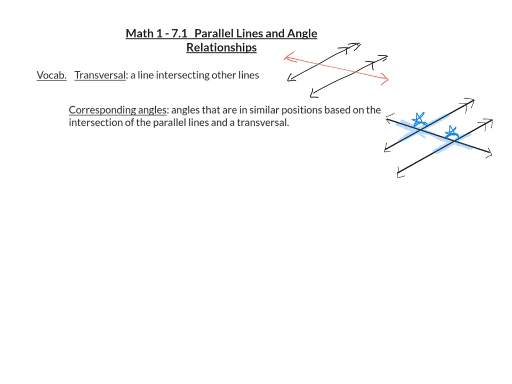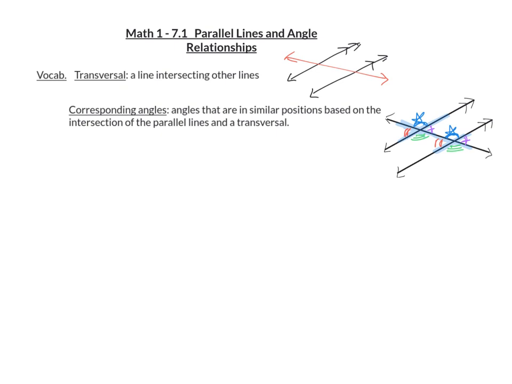If we want to deal with this angle down here that I just put in red, that is to the left of the intersecting transversal and parallel line. And the corresponding angle would be this one right here, the other intersection, the one on the left. If we keep going, the one on the bottom corresponds with the one on the bottom. And then the one on the right corresponds with the one on the right.